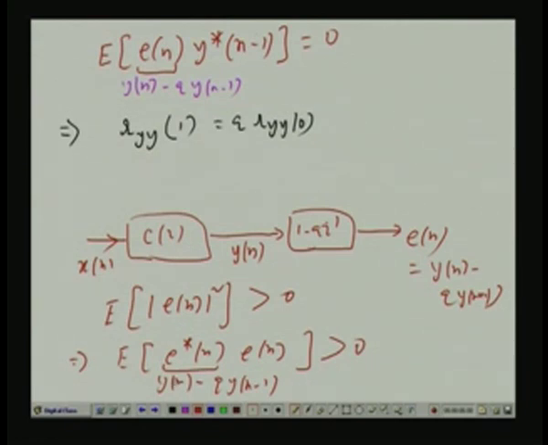And the first term is y star n E n. Okay. And then you replace E n by this expression y n minus q y n minus 1, then what do you get?